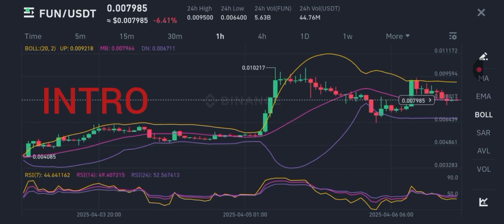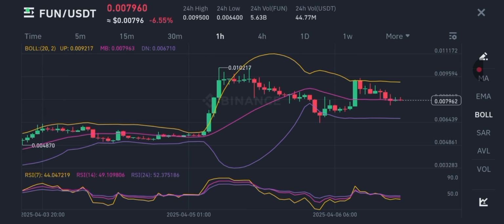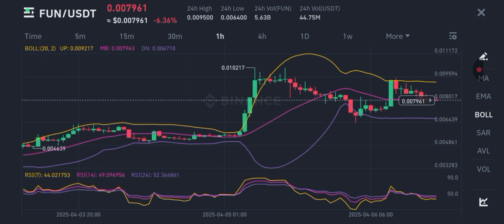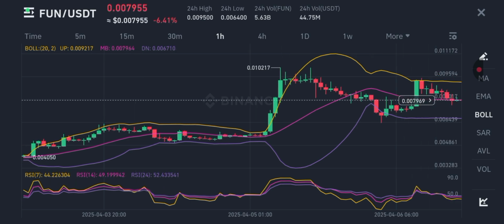They help you decide whether the market is going to reverse or continue in the same direction. They also improve entry and exit timing. They tell you when to enter a trade and when to exit. All these things we are going to learn in this video.